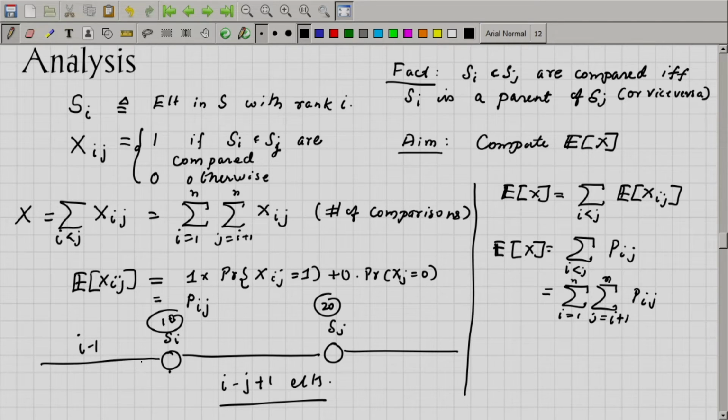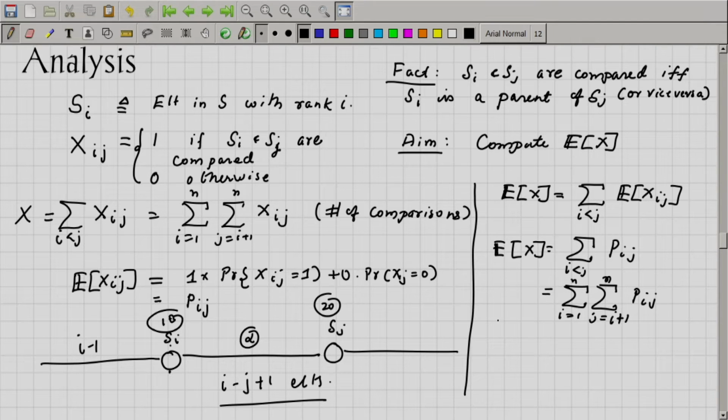For example, let us say if this element, let us call this alpha, was chosen before Si and Sj, then alpha will be compared with Si, it will go into one subtree and Sj will go into another subtree, and there is no possibility of comparing Si and Sj. The only case in which they will be compared is when, out of these j minus i plus 1 elements, either Si or Sj is picked before every other element inside this.